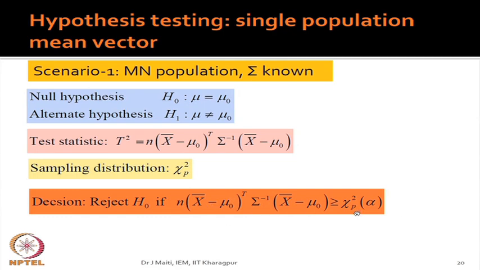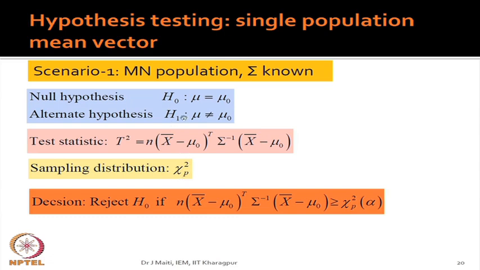One of the issue here you must remember that whenever we are talking about sampling distribution of a statistic like this t square is this, we are saying that when null hypothesis is true, this statistic follow this sampling distribution. Please never forget this one.